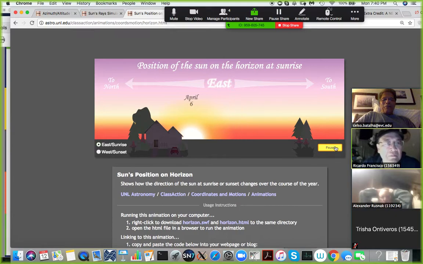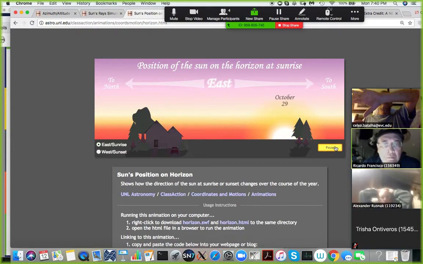So if I start playing the animation, that is the apparent path of the sun in the sky every time it's rising. In the winter time, the sun is rising more to the south. In the equinox, it's rising exactly due east. And in the summer solstice, it's rising closer to the north. So the path of the sun in the sky in the summer solstice, it rises closer to the north.